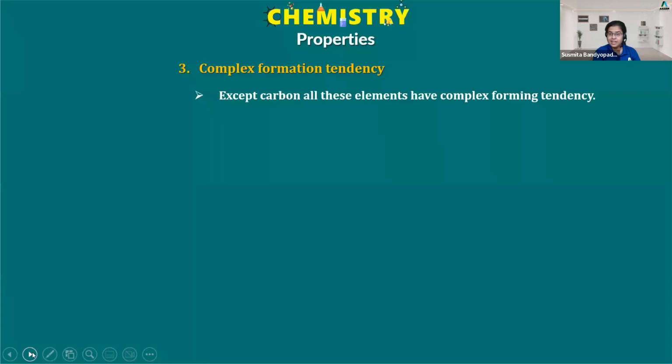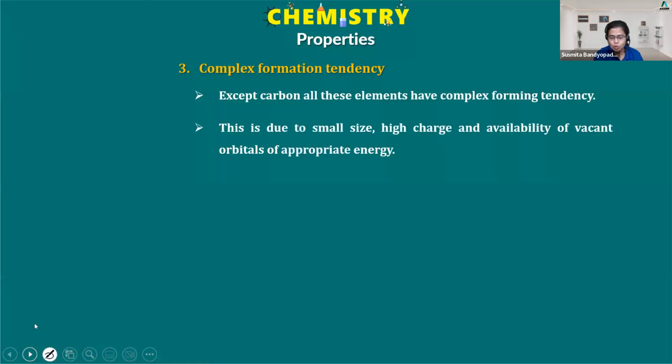The main criteria is the ability of the element to exhibit variable oxidation states, presence of vacant d orbitals. Vacancy of the d orbitals, and that's the reason for the ability of the element to show variable oxidation states. Carbon, you cannot think of that. You belong to the second period and you don't have any d orbital.